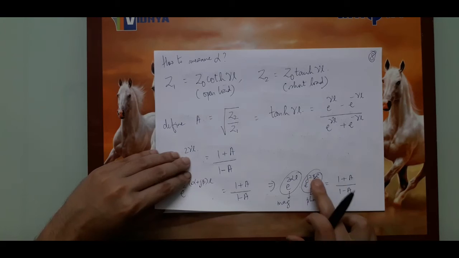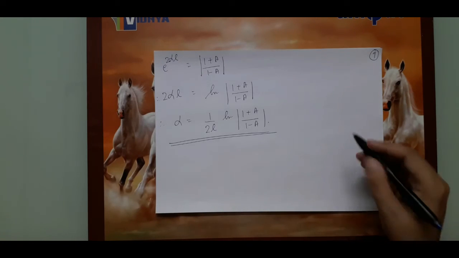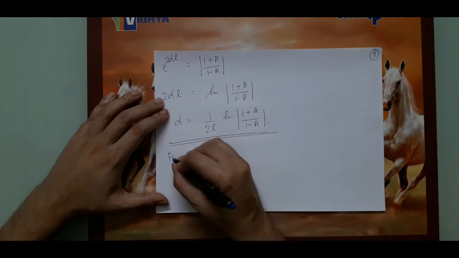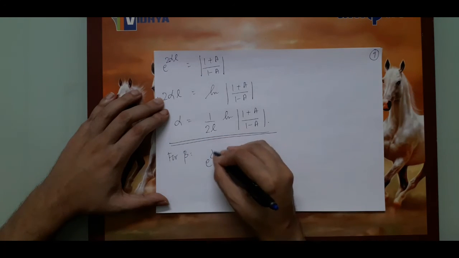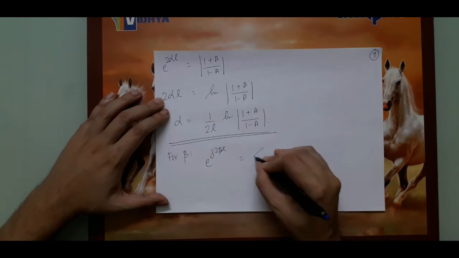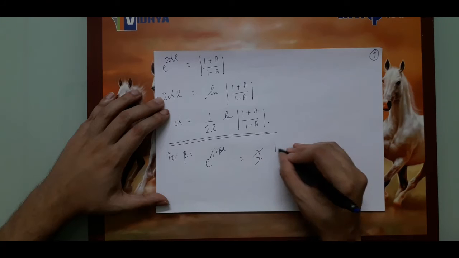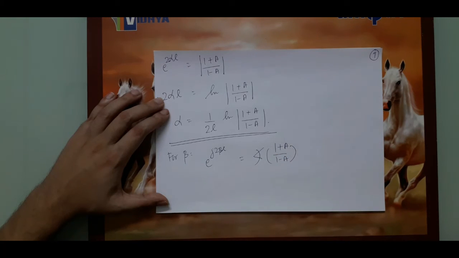So if I now try to estimate beta just by looking at this, e raised to j2 beta L is nothing but the phase angle of 1 plus A by 1 minus A as a whole, whatever be the complex quantity.